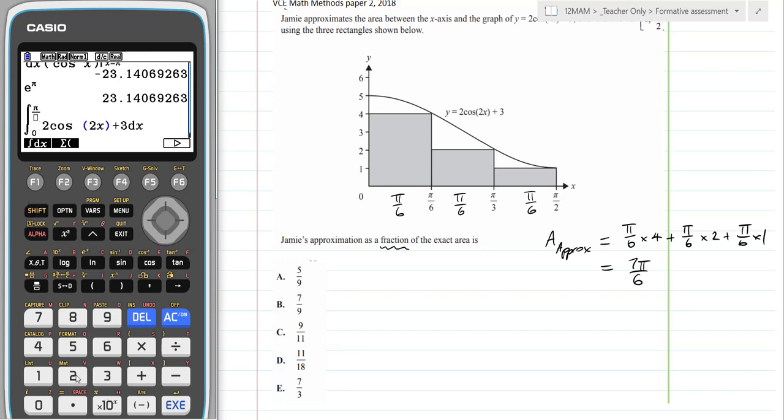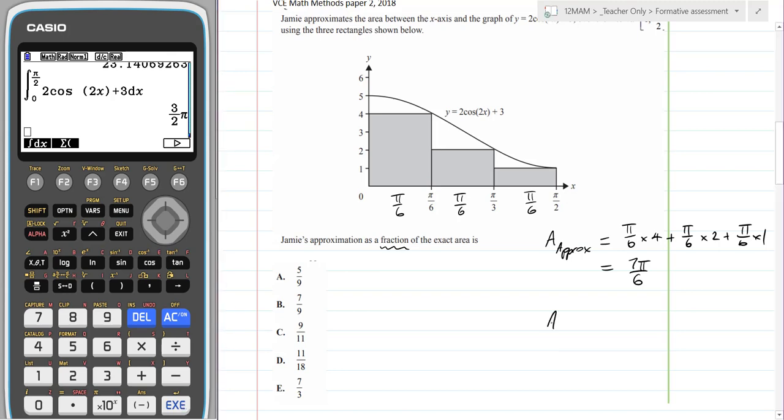You should be quicker than that because you've got it in your hand. And so the actual area is equal to 3 on 2 pi, and therefore the area approximation over the actual area is equal to 7 pi on 6 over 3 on 2 pi, and if I run that calculation I get 14 over 18, which is 7 over 9.